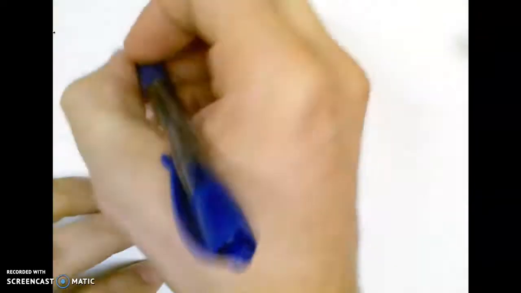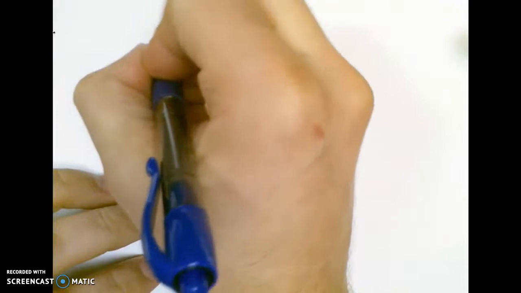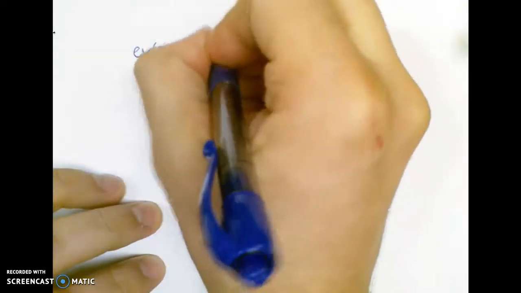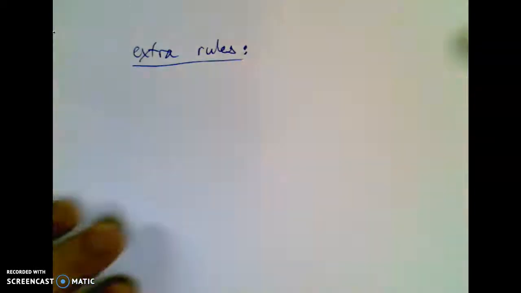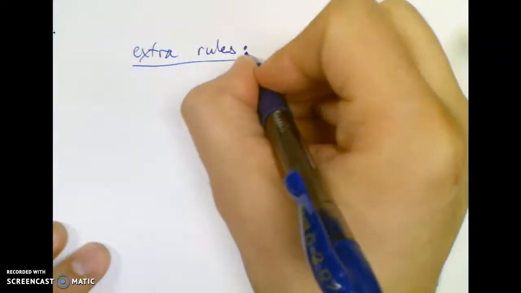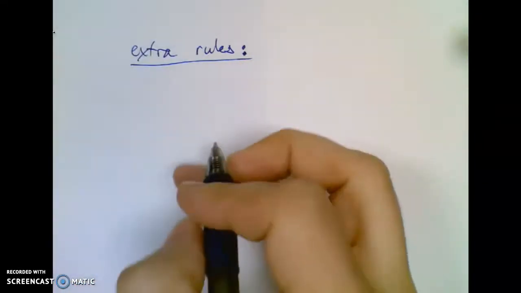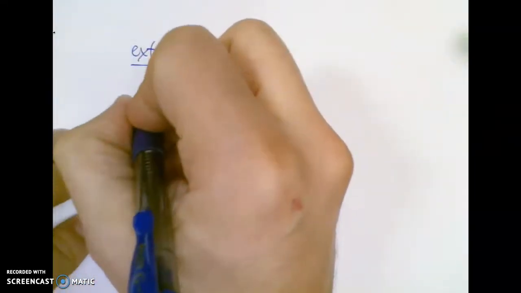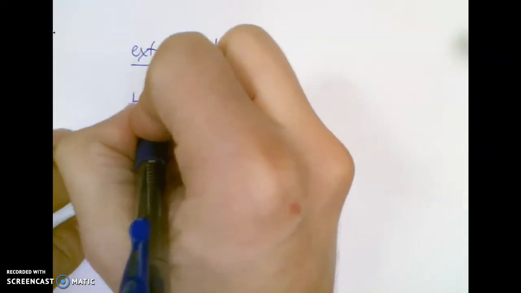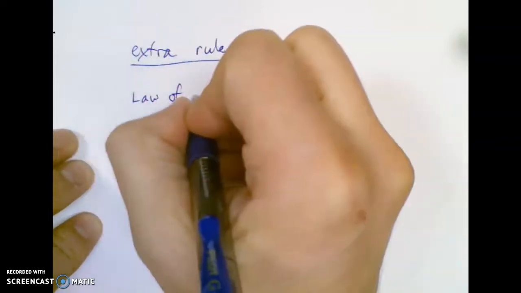The second thing is, once you decide, we got a couple ground rules. These are like extra rules. You're going to see in this section, math and English kind of cross paths, and it's pretty cool because we have to use logic in our lives. So two rules, or laws. There is the Law of Excluded Middle.